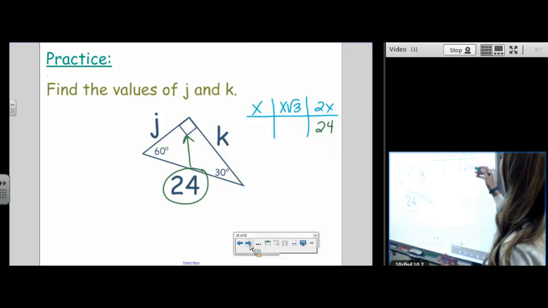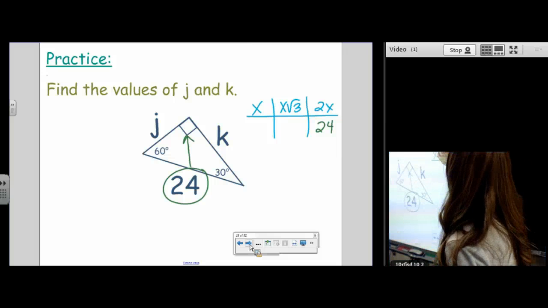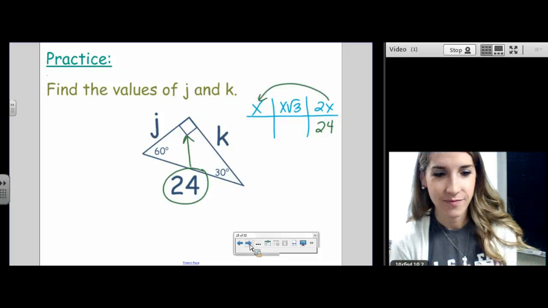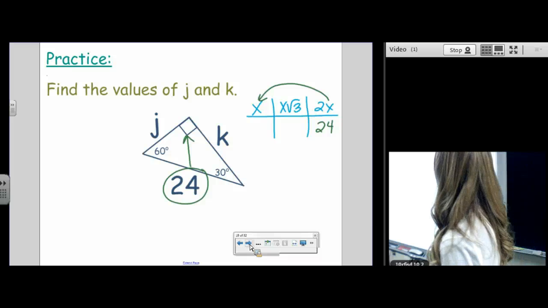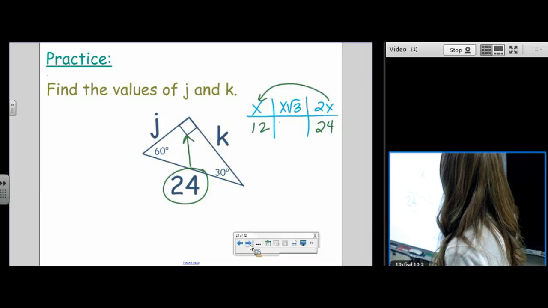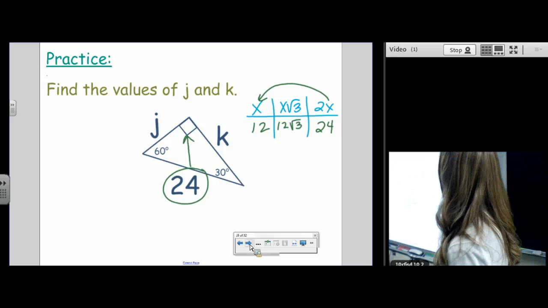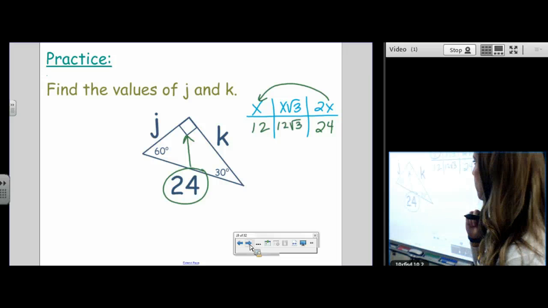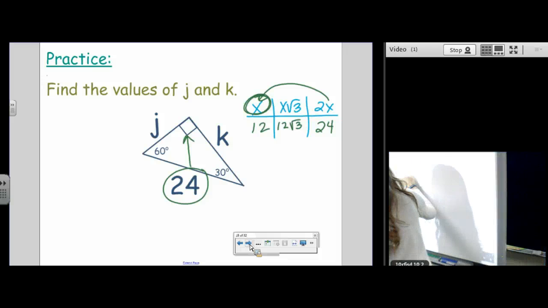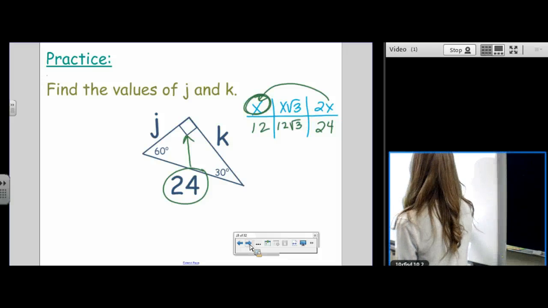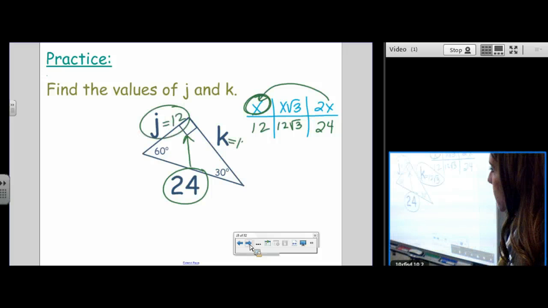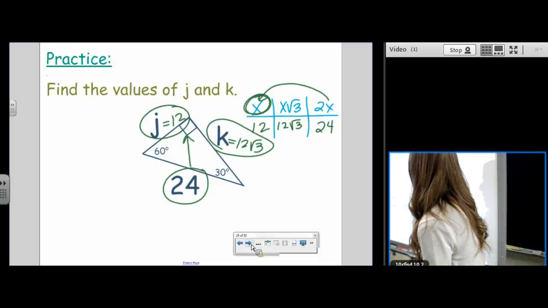All right, so I know that 24 is 2x. If I know what 2x is, how do I get to x? Divide by 2. And then just follow the chart, x root 3. So whatever x is, you just multiply by root 3. Put them back on your picture. The shortest one is j, so it's 12, and the medium one is k, so it's 12 root 3. 12 root 3, 24.